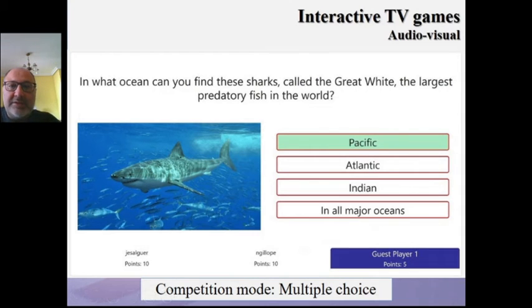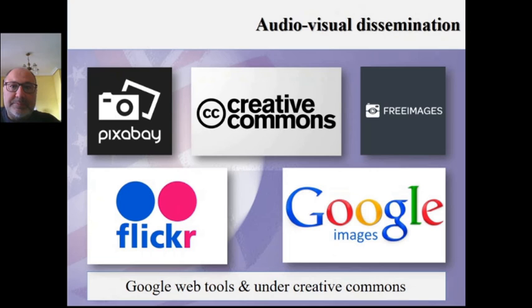Another type of category is the competitive mode category, where people can choose between different players to compete and interact with the tool. We also aim to disseminate the tool according to different platforms.